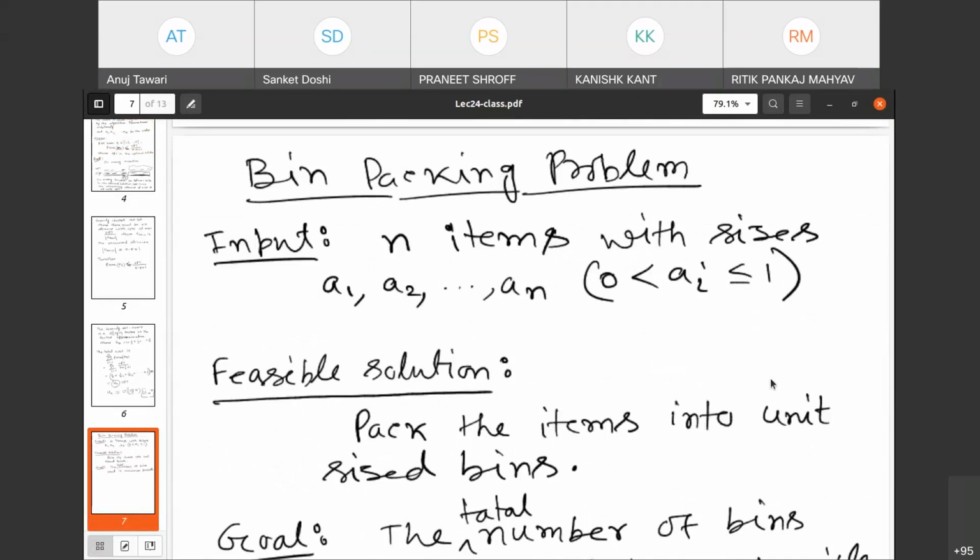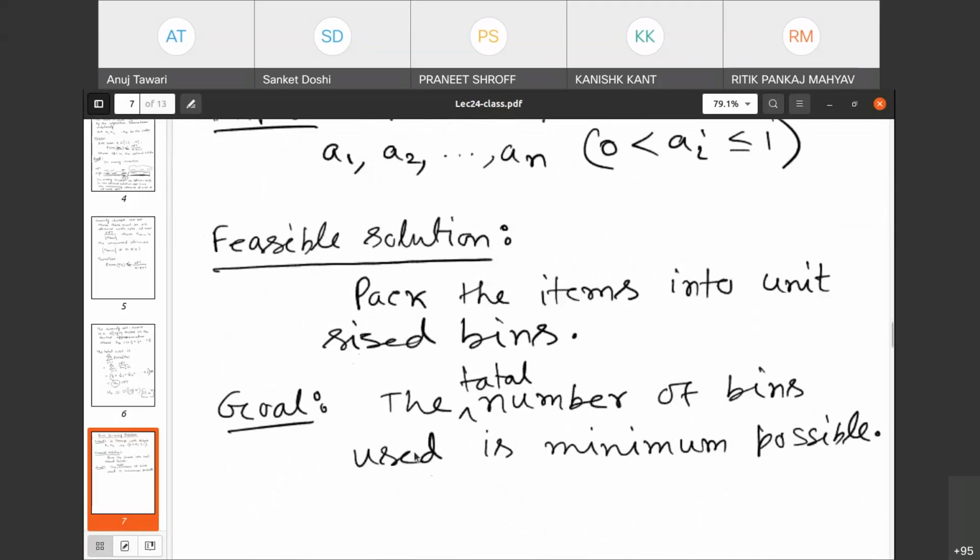And what we want is to pack these items into unit size bins. So there are these bins where each of these bins has size 1, and you want to pack these items into these bins so that the total number of bins used is the minimum possible.